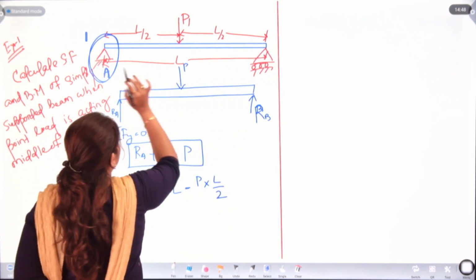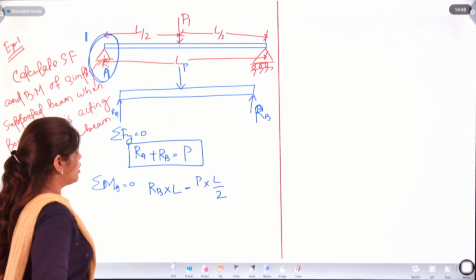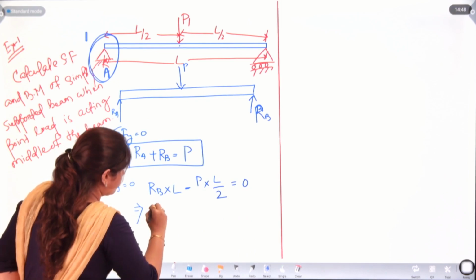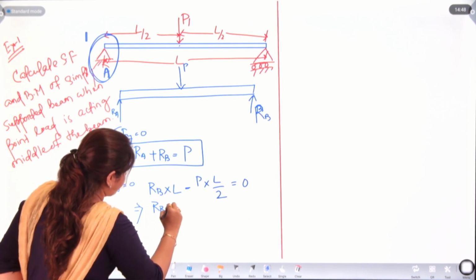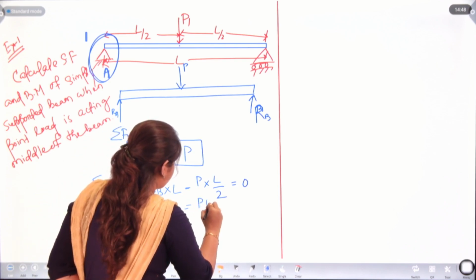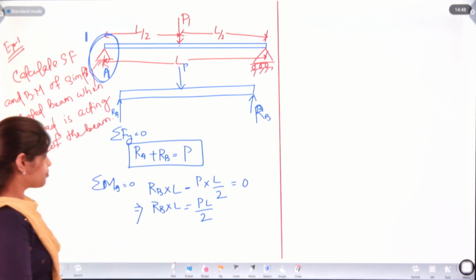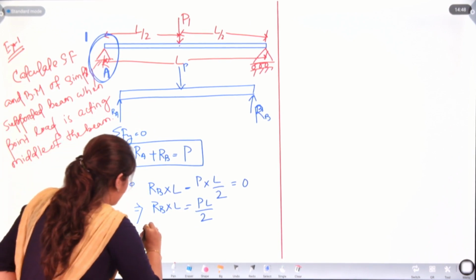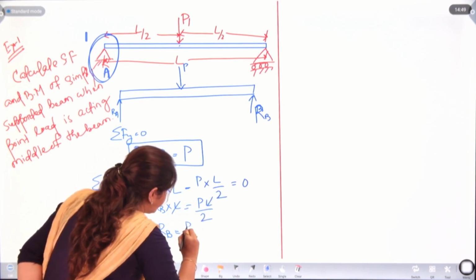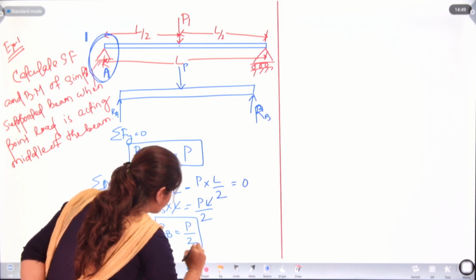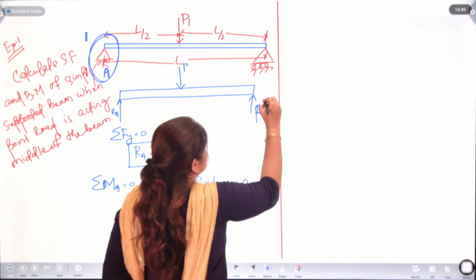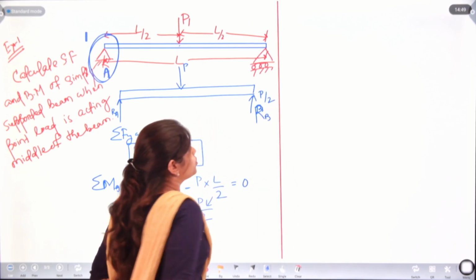RB into L minus P into L by 2 will be 0. So, RB into L is going to be PL by 2, and RB will be P by 2. That means we are having the reaction here P by 2.